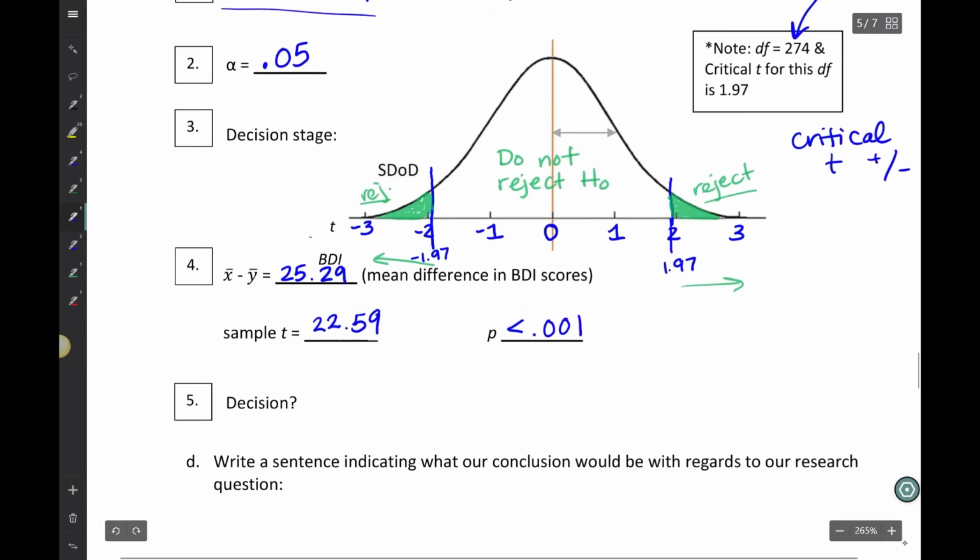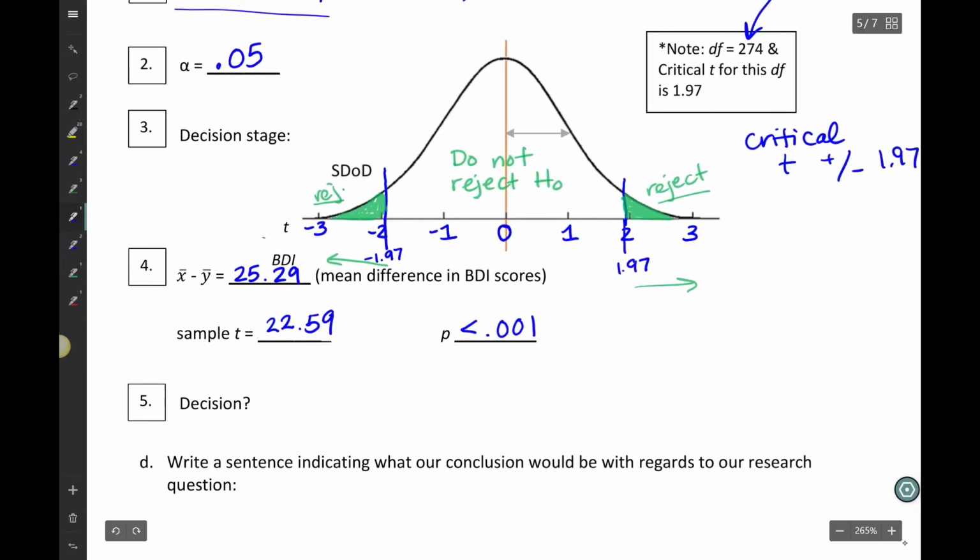So we can do this step 5 one of two ways, right? Let's do it both ways. The first way is comparing sample T to critical T. If sample T is outside, so greater than critical T, then we're going to reject.